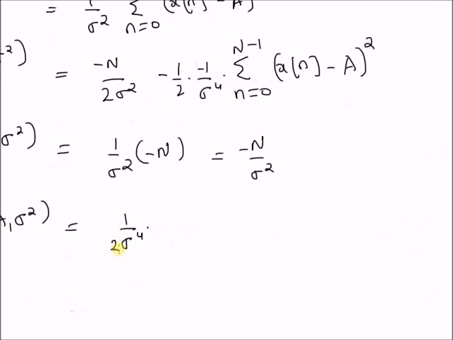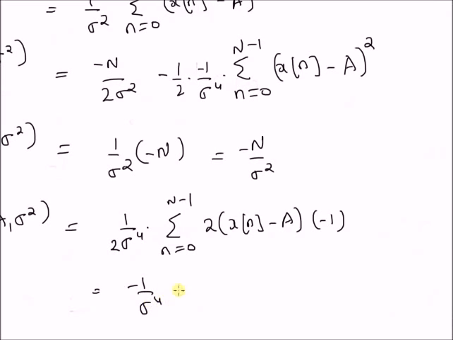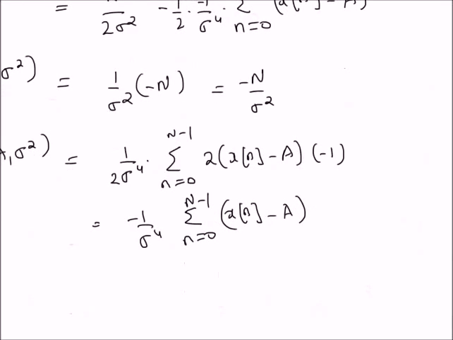So 1 by 2 times sigma power 4 into the derivative of this sum, which is summation n equal to 0 to n minus 1 of 2 times (x of n minus a) into minus 1. So clearly this is equal to minus 1 by sigma power 4 summation n equal to 0 to n minus 1 of (x of n minus a). So this is the double derivative, where one derivative is with respect to a and the other with respect to sigma square.